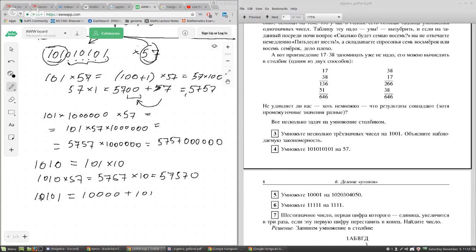And now if I wanted to multiply this by 57, I would invoke the distributive property again. Now, multiplying by 10,000 just puts 4 zeros at the end. 1, 2, 3, 4. And then plus, well, times 101 we just did. That's the repetition of 57 2 times.